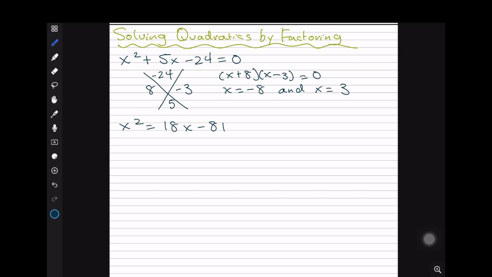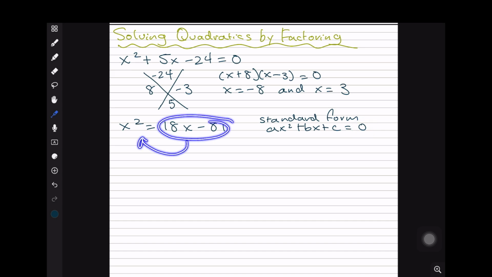Okay, but what if it's not in standard form? Take this second example. Say we have x squared equals 18x minus 81. What you want to do is get it into standard form, so you want one side to equal 0. All you have to do is move the 18x minus 81 to the other side. When you move it to the other side, you have to flip the signs.